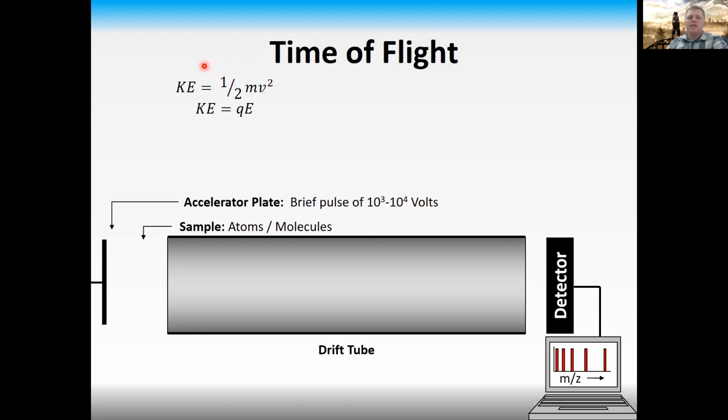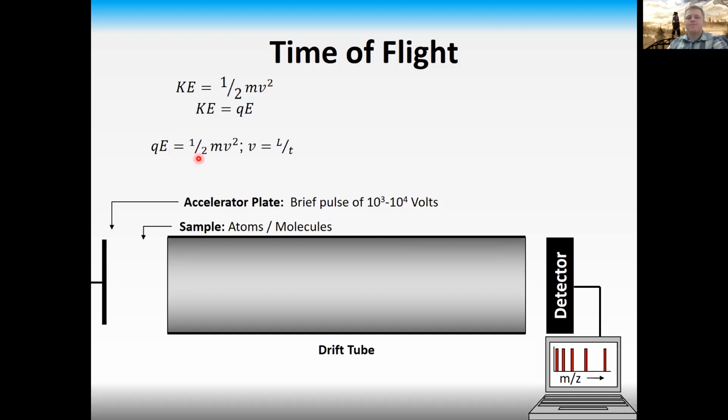Now, how do we turn this into mass to charge? We start by setting these two equations equal to each other. So we have QE equals 1/2 mv squared, where we've substituted the expression for KE from one equation into the other.